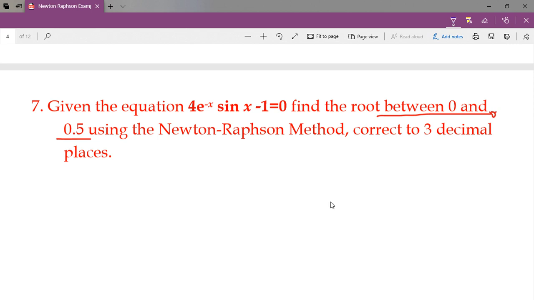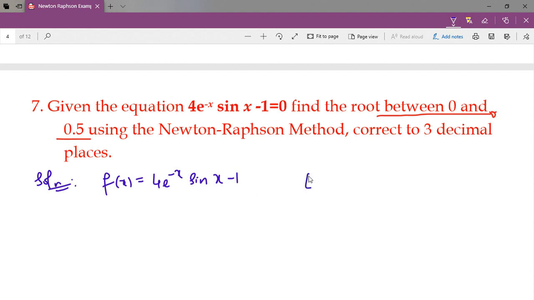So therefore, write f of x. What is f of x? So f of x is 4 into e power minus x sin x minus 1. Okay. So the interval is given.